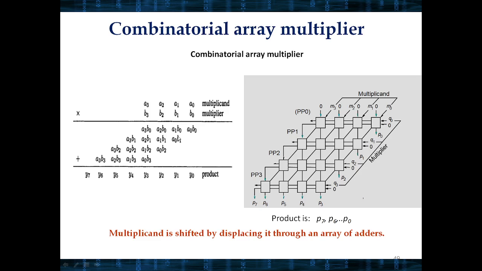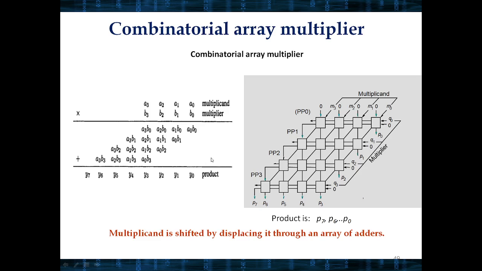Then for the next stage, we take B1 and multiply with all the bits of the multiplicand, then B2 with all the bits of the multiplicand, then B3 with all the bits of the multiplicand. Finally, by using full adders we will be adding all these partial product values, and we will be getting the final product as the result of this multiplication operation.